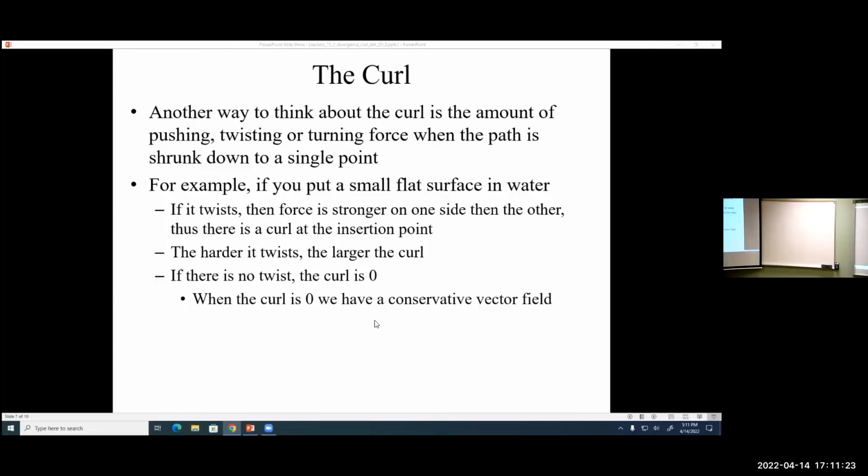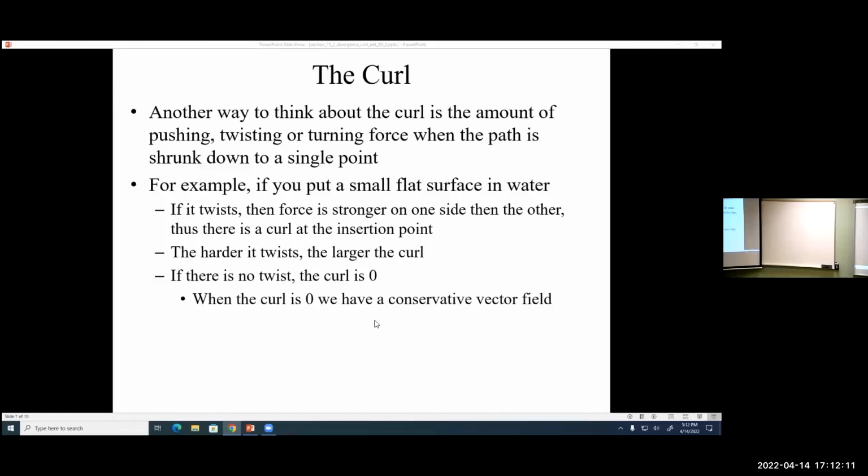In other words, no matter what path we take between two points through the vector field, the amount of work done by the vector field is going to be the same. Now we already have a way of identifying it. If we get a zero curl, and it has to be zero for all the points, we get a conservative vector field, which means it's path independent.